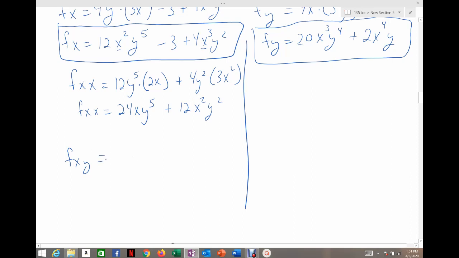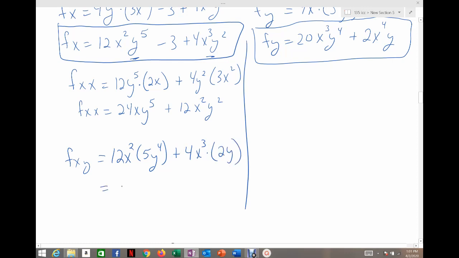Now my mixed derivative. So now I'm looking at the y parts. So the 12x squared comes along. I take the derivative of 5y, which is 5y to the fourth. The negative 3 is a constant. Zeroes away. 4x cubed comes along. Y squared gives me a 2y.